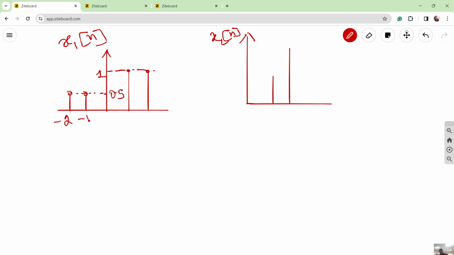So 2 minus 1, 0, 1, 2. This is n. Similarly, this is 1 and this is 2.5. 1 n.